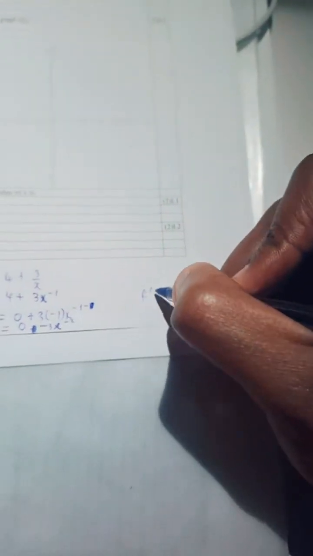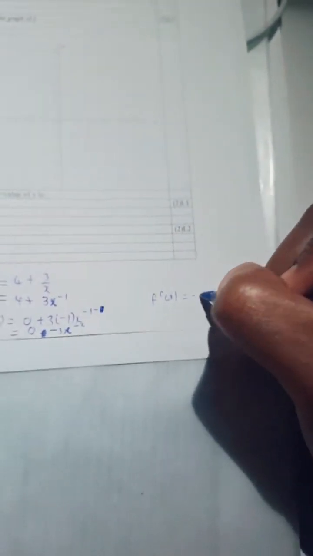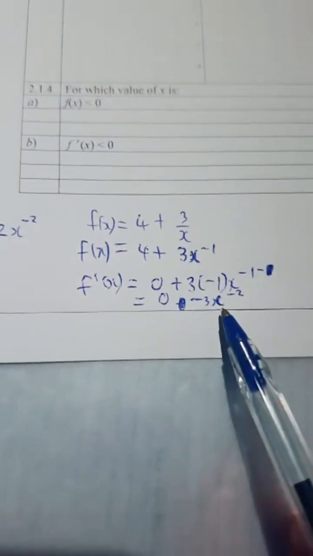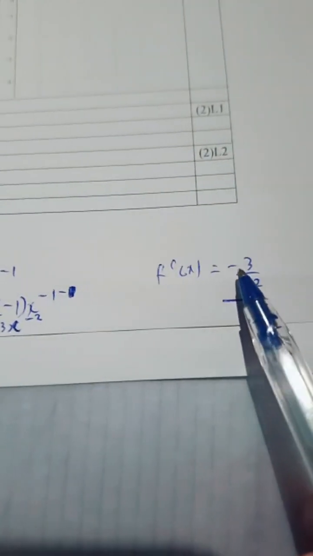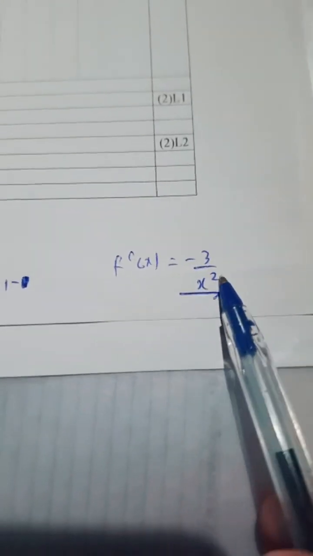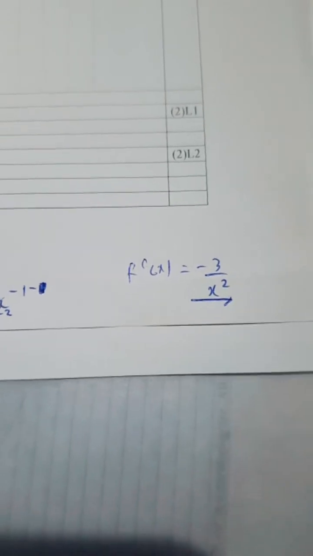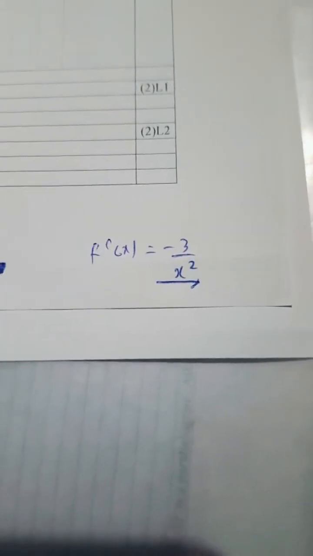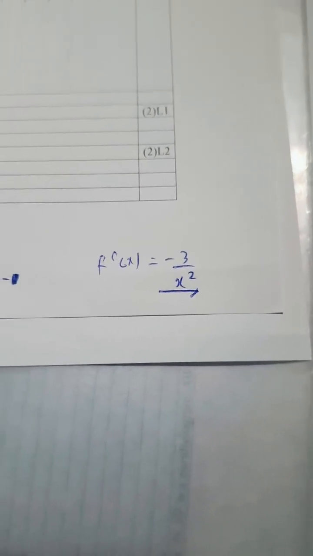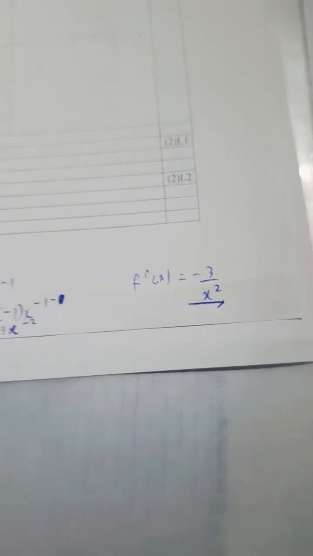Our final answer of f prime x is negative 3 over x squared, because if it's x to the power negative 2, the x goes to the denominator and has a positive 2 exponent. That's done and dusted.